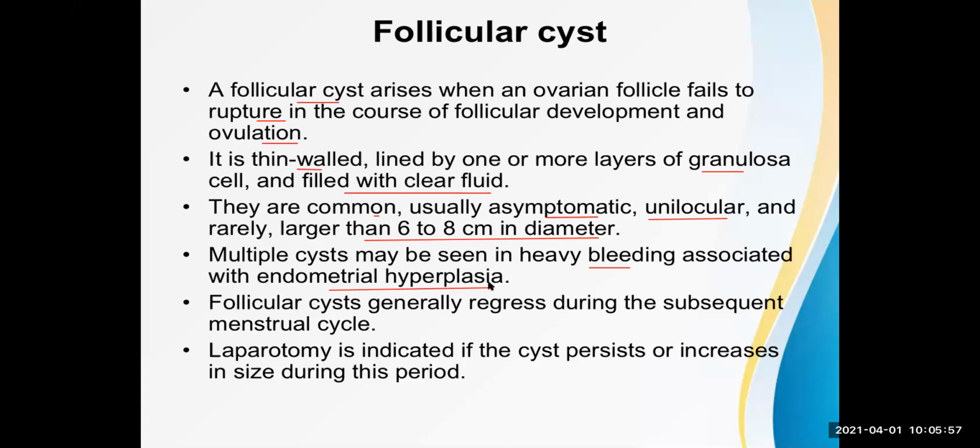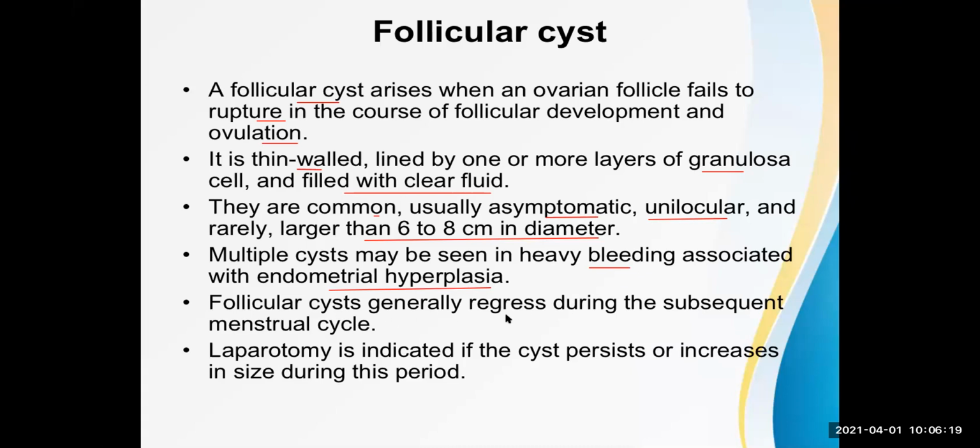Now, this endometrial hyperplasia can cause spotty type of bleeding. It can discharge outside. Some of the endometrial tissue may descend, and all these things can result in heavy bleeding.